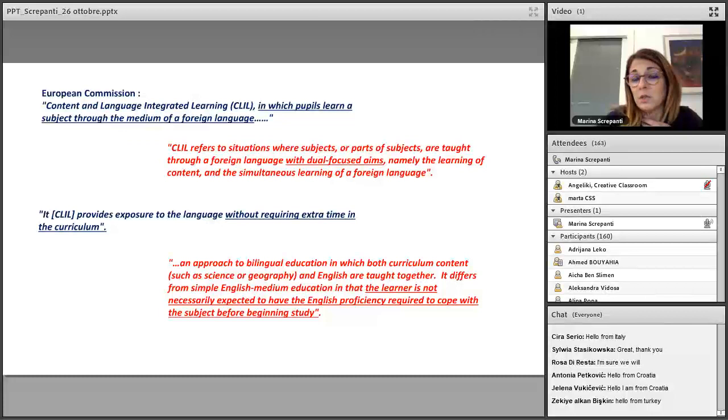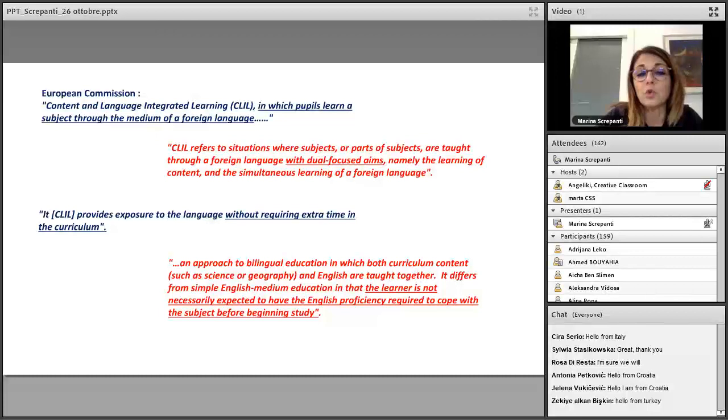There are many definitions of CLIL, so let's read the ones we have here. By the European Commission: content and language integrated learning, in which pupils learn a subject through the medium of a foreign language. In fact, we have to underline that the language is not learned following the curricula, but sometimes it can happen that a student can learn something that is in the curricula of another class, but that he can find in a CLIL lesson at that precise moment.